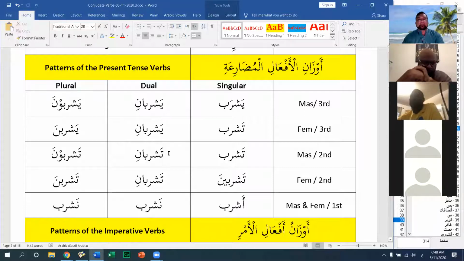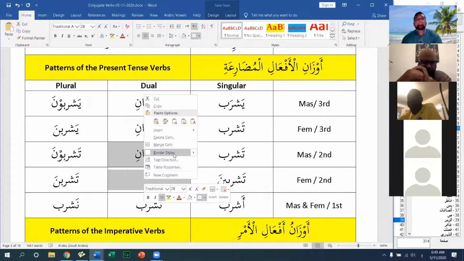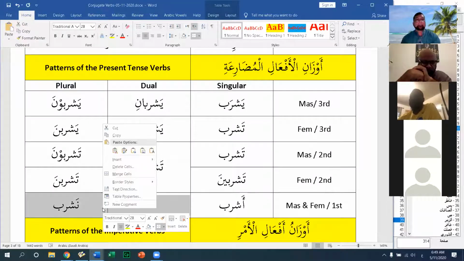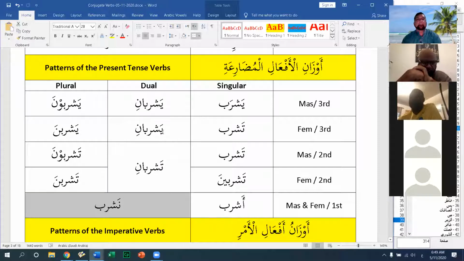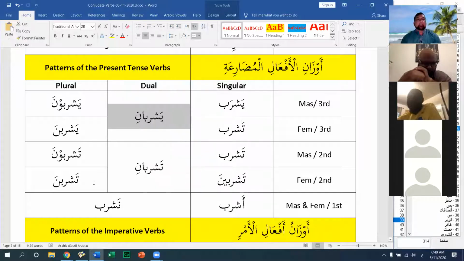أنتما تشربان. Same thing, right? That is correct. نحن نشرب، هم يشربون، هن يشربن، أنتم تشربون، أنتن تشربن.